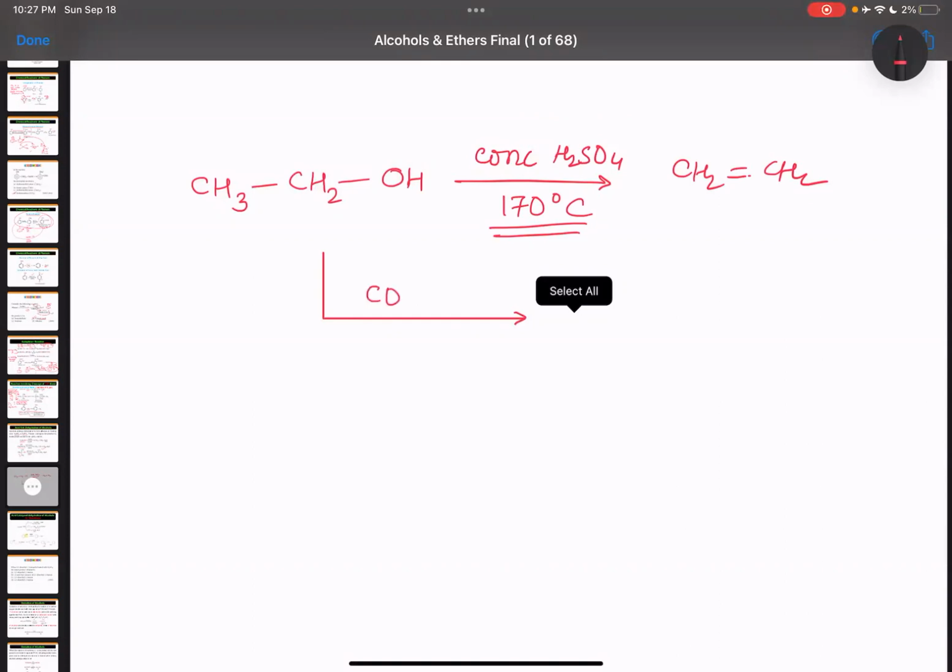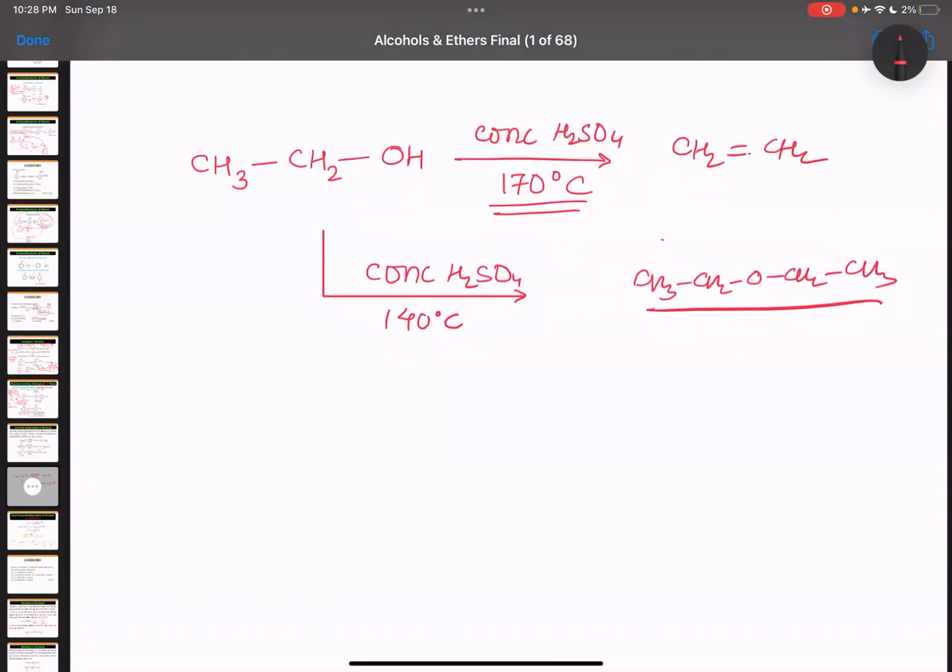And if you take conc H2SO4 at a lower temperature, then also water will get removed, but not from one molecule, but from two molecules, and you will end up with an ether.